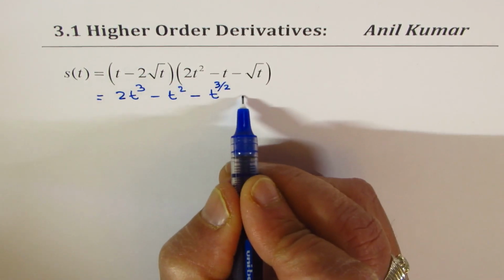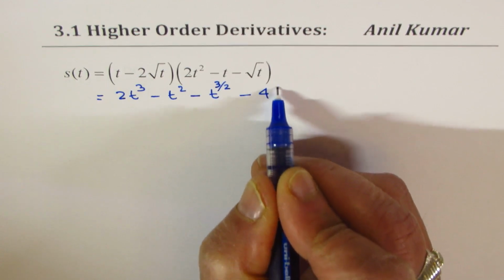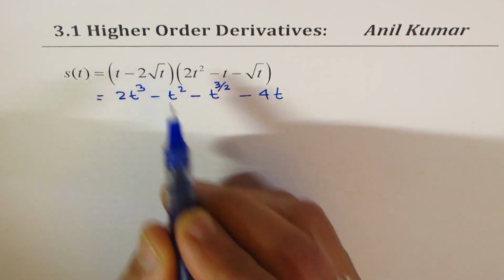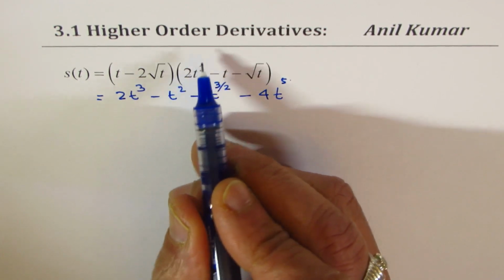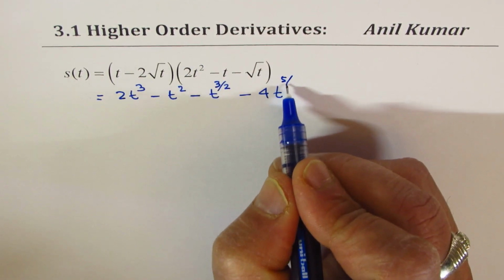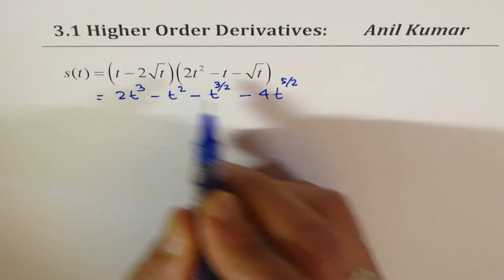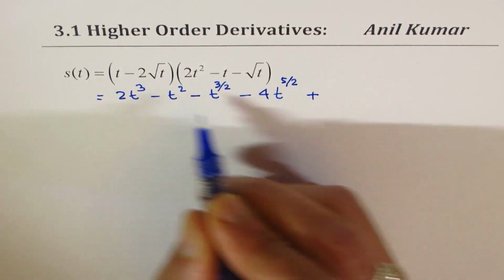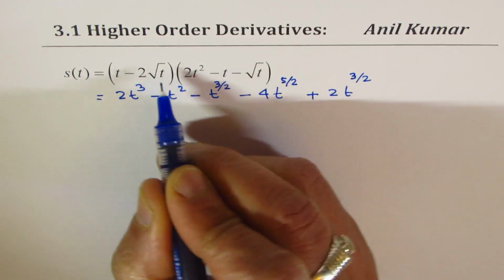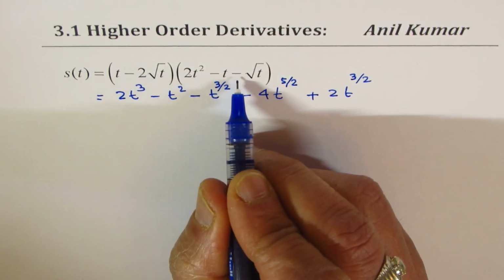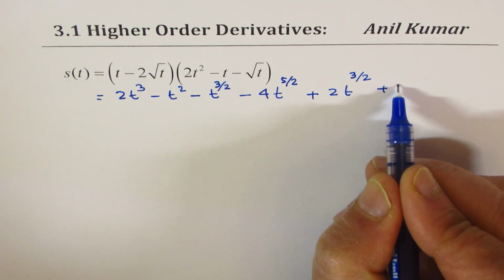Now with minus 2, 2 times 2 is 4, t to the power of 2 plus half, which is 5. So 2 plus half means 5 over 2. And then that gives you positive 2, t to the power of 3 by 2, 1 plus half that is. And when you multiply the last term, you get positive 2 times t.